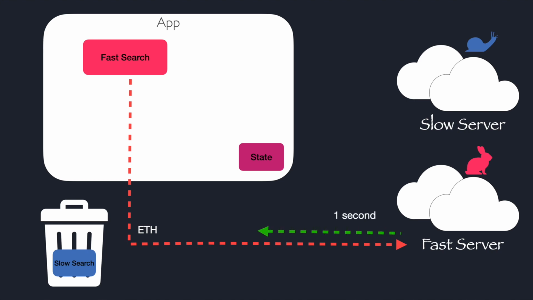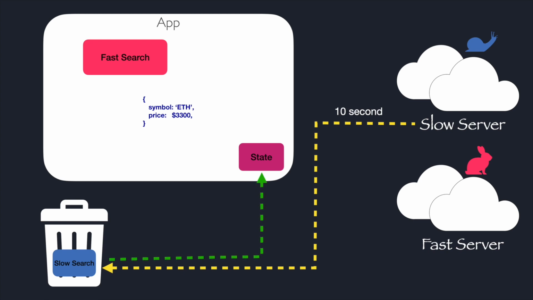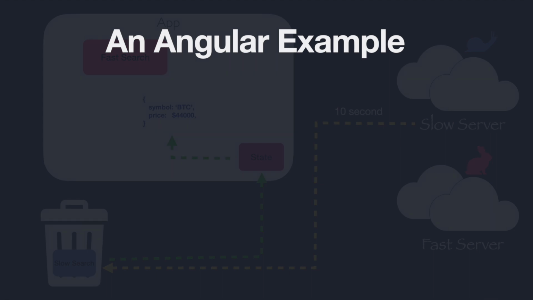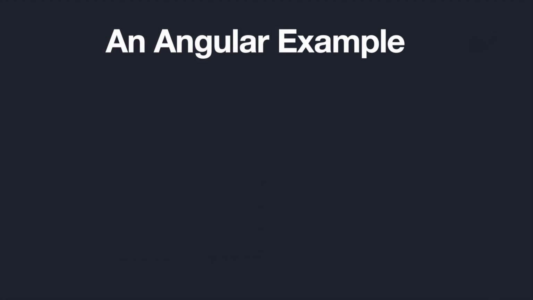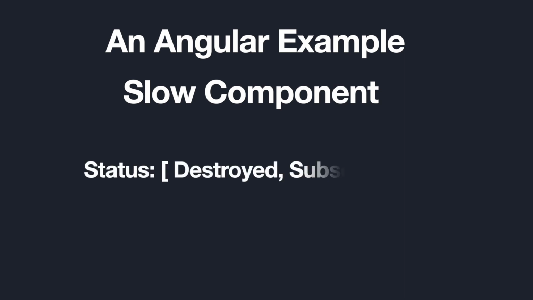However, the response from the slow server comes back soon after, and since we did not unsubscribe on destruction of the component, it changed the state and BTC info overwrote Ethereum, even though the last request was for Ethereum and not BTC. In this example, the slow component was destroyed, yet still subscribed.